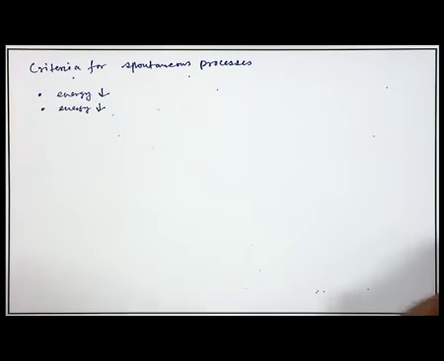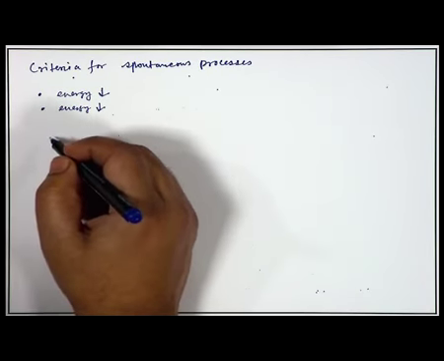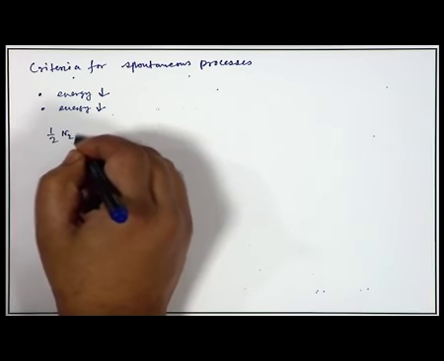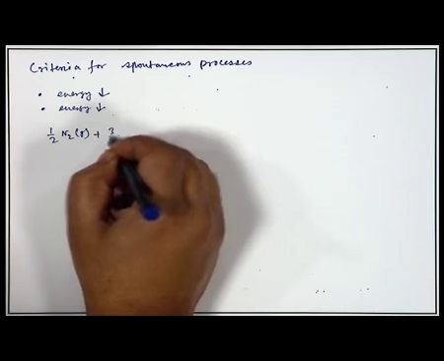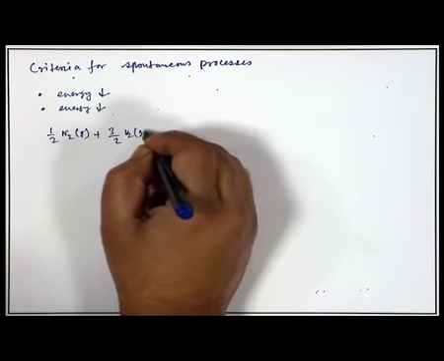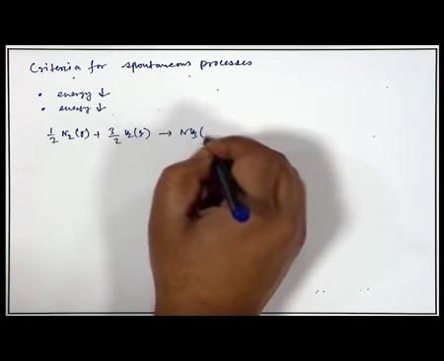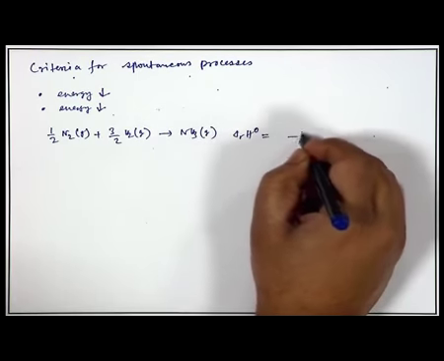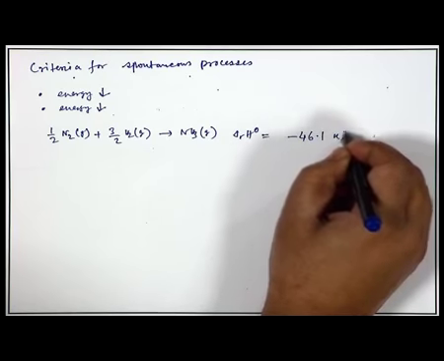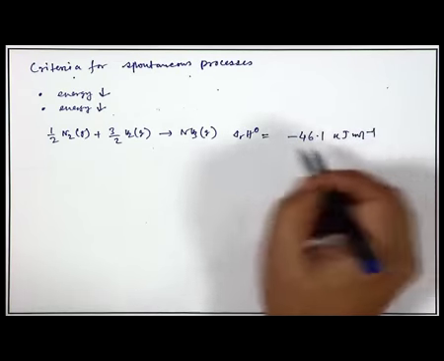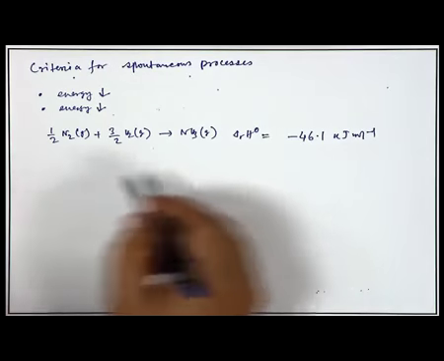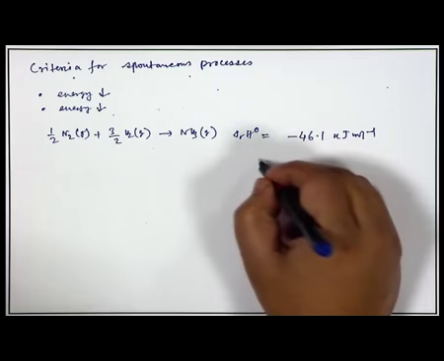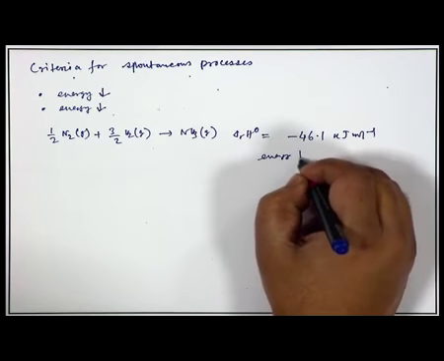There are some spontaneous chemical reactions which are exothermic. Some example we can give. This is one of the examples of spontaneous reactions which is exothermic. So, in this case also energy goes down.